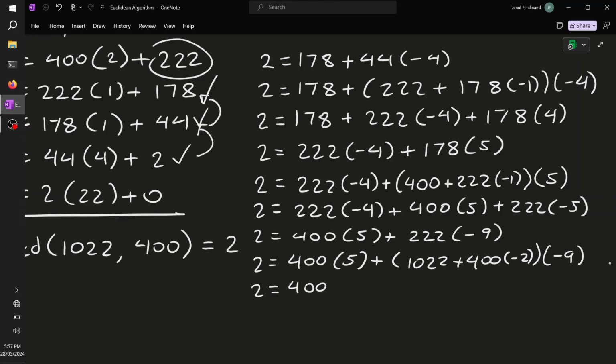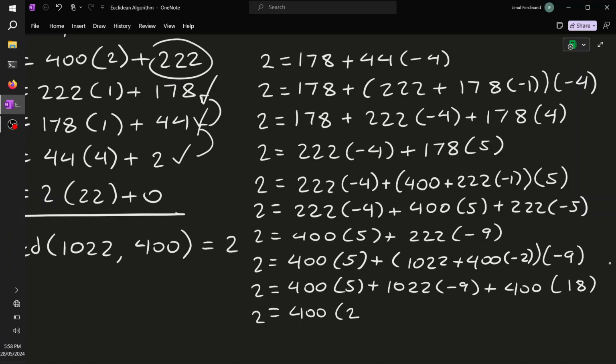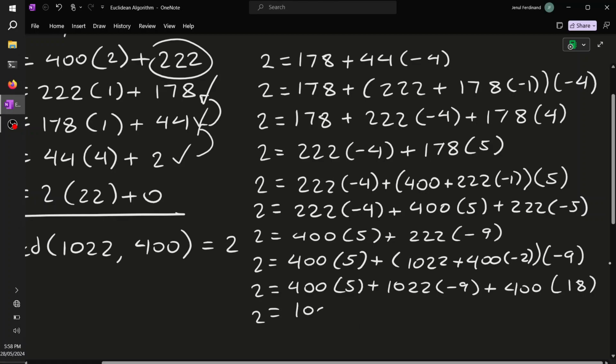So 400, negative 2 times negative 9 is 18. I'll do this in the correct order. 400. 18 plus 5 is 23.